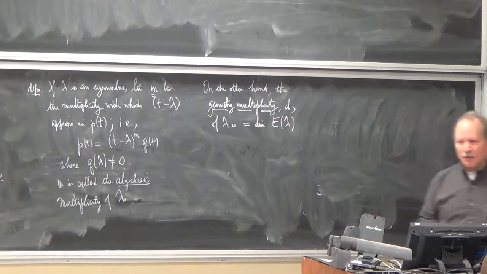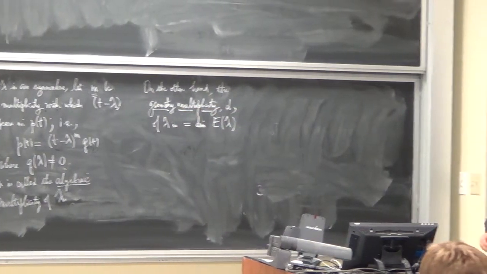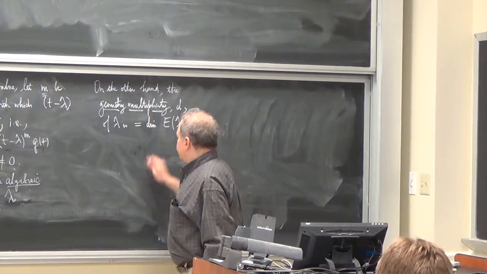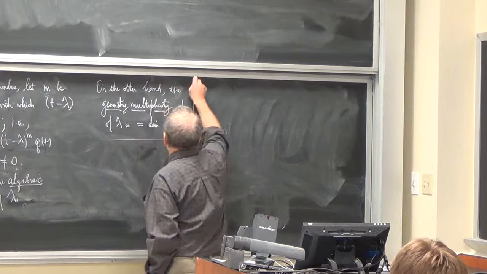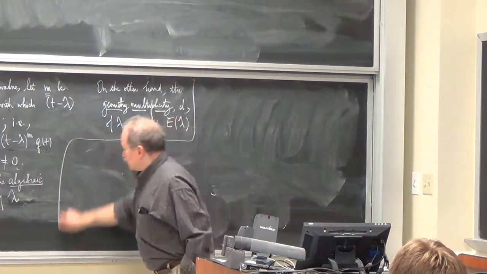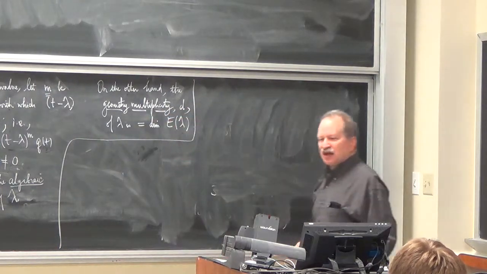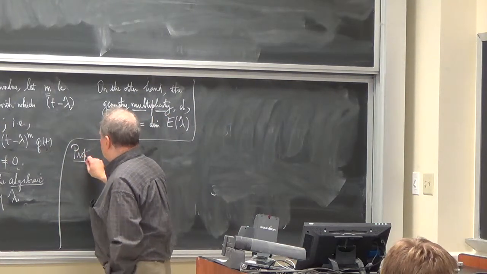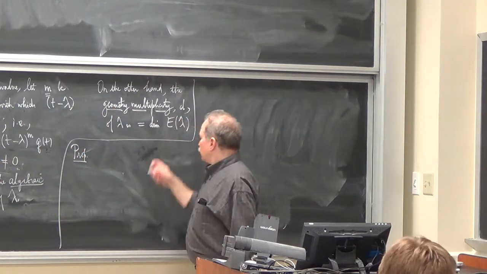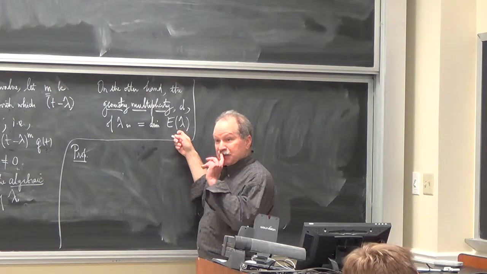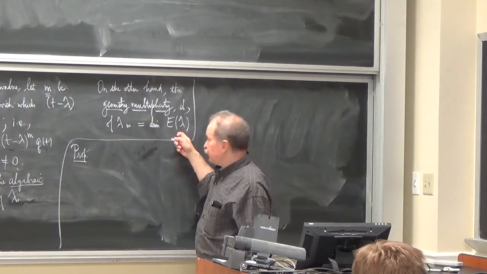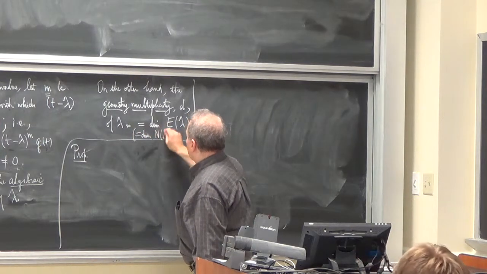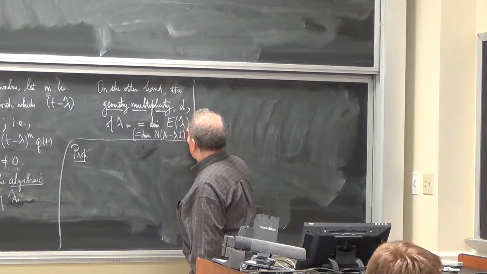So that's the number of linearly independent eigenvectors with eigenvalue lambda. E of lambda is the eigenspace for eigenvalue lambda, so that's the dimension of the null space of A minus lambda I.